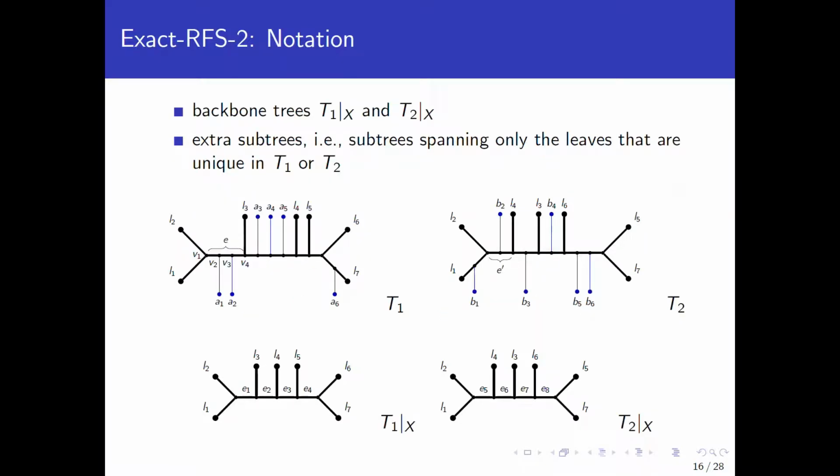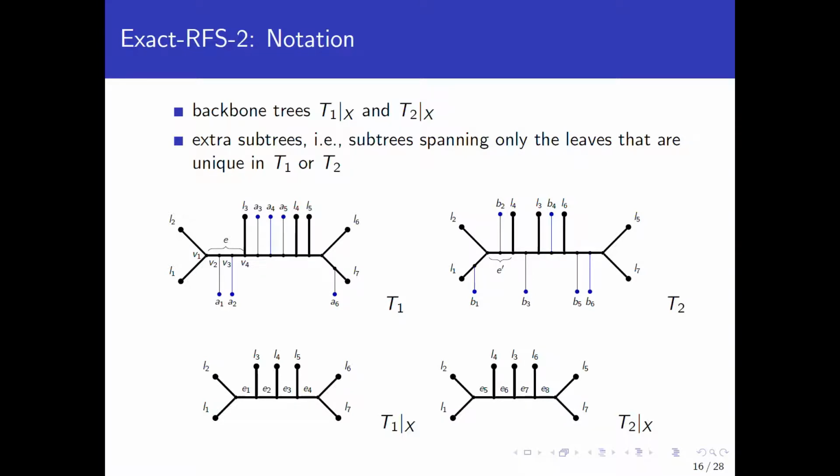We differentiate between two kinds of structures from the input trees T1 and T2. We call the input trees T1 and T2 restricted to their shared leaf set X the backbone trees of T1 and T2. And we call the rest of the input trees the extra subtrees.